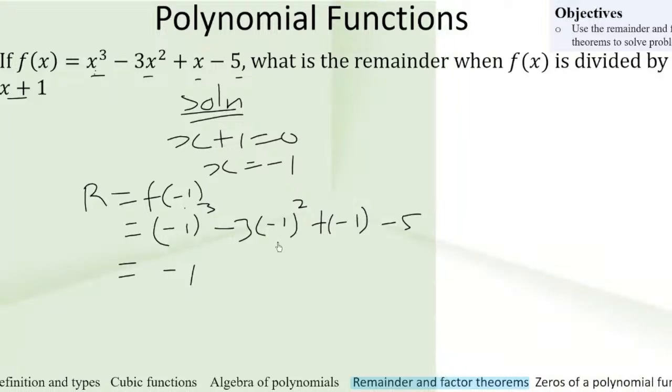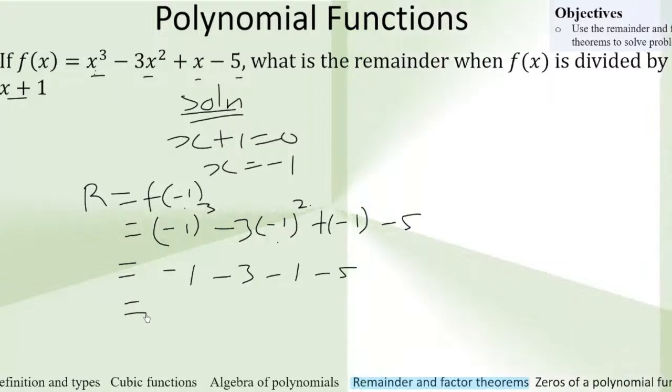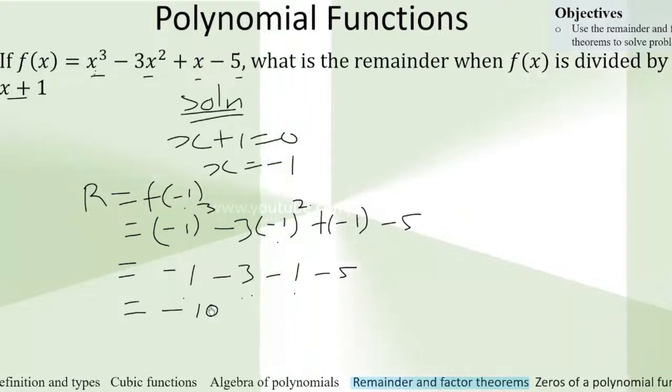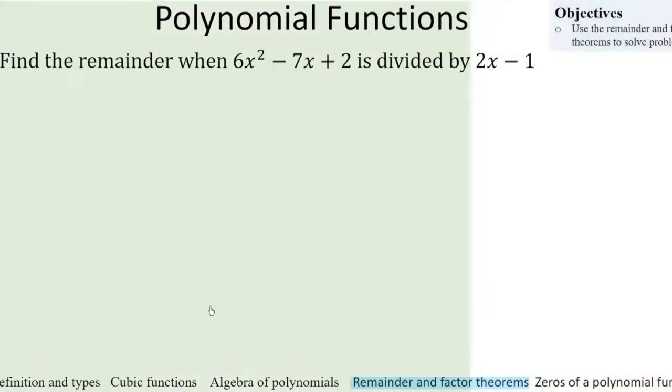This will be positive because of the squared, so +1 times -3 will be -3, minus 1, minus 5. So that will give us -4 here, then 4, 5, so that will give us -10. So the remainder theorem will give us the remainder instead of going through the long division process. If you are only interested in finding the remainder, the remainder theorem can give us the remainder very quickly.